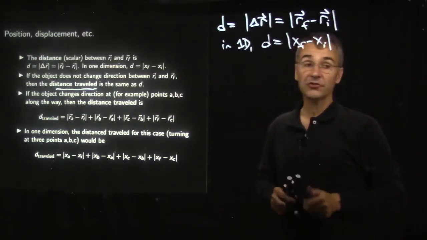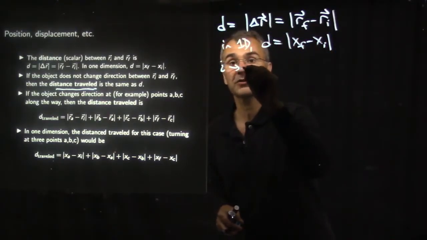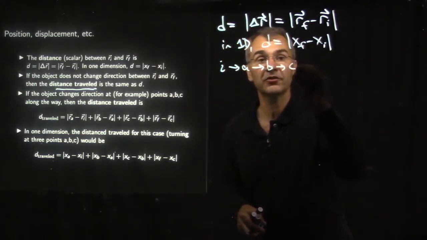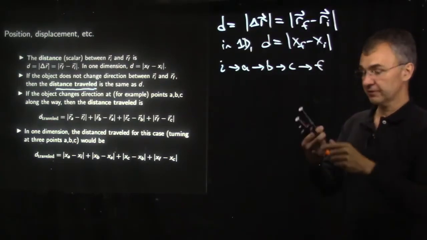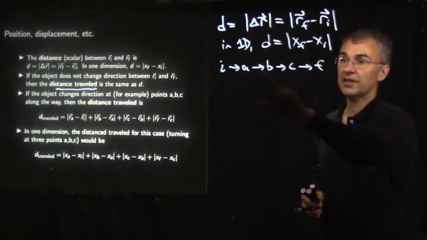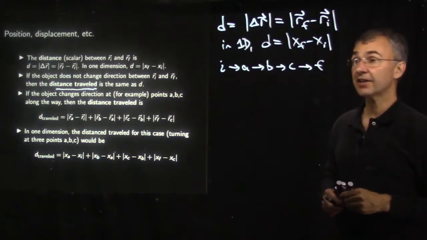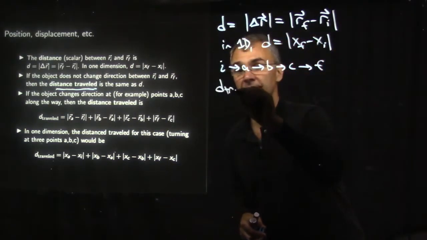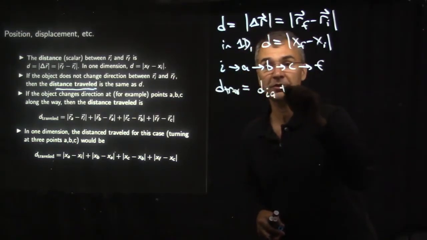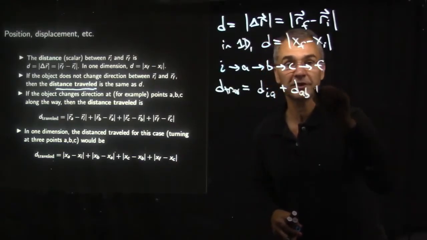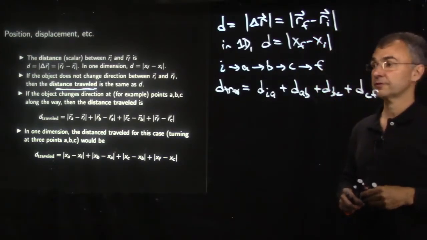If the object does change direction, for example, suppose we go from the initial point to A, and then to B, and then to C, and then to the final point, and suppose that we change direction at A, at B, and at C. In that case, the distance traveled is the distance from the initial point to A plus the distance from A to B plus the distance from B to C plus the distance from C to final.